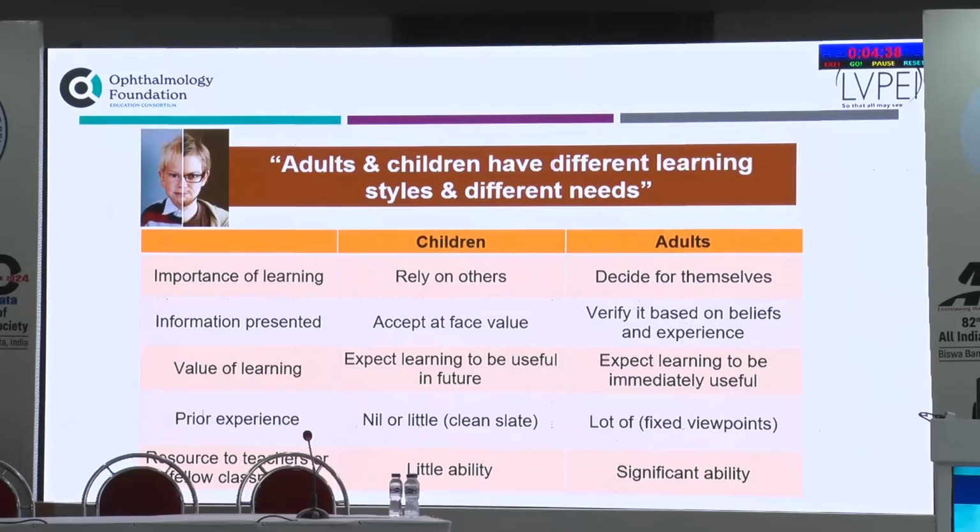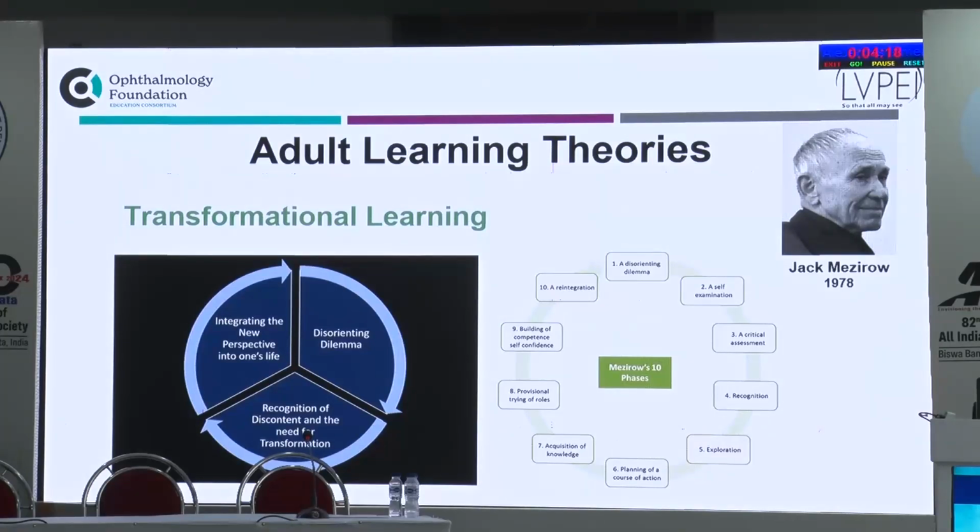These are some of the differences between children and adults. I need not go into the details of what children learn, but you can see that on many fronts adult learners are different from children, and therefore the same strategy that we use to teach children cannot directly be translated to adult learning.